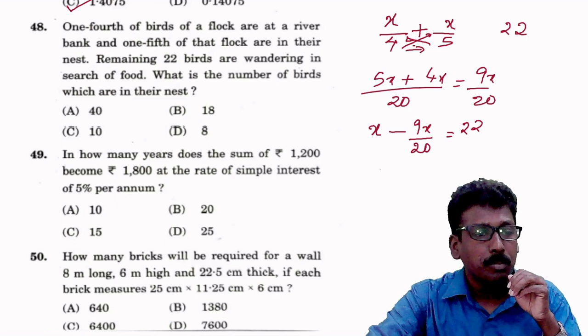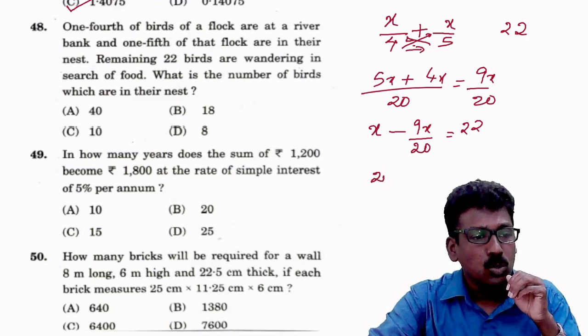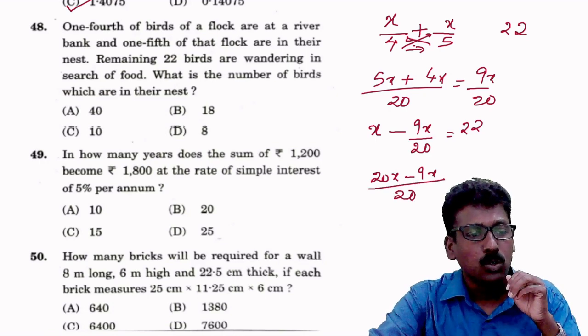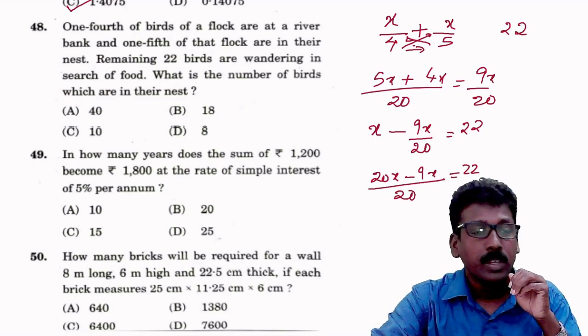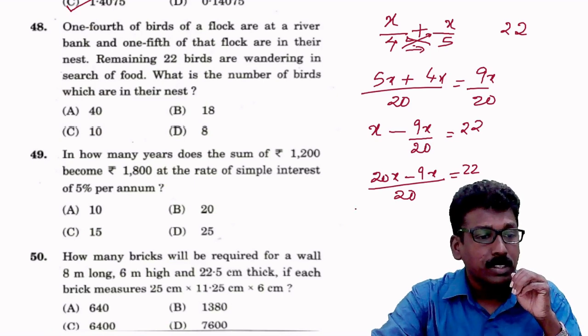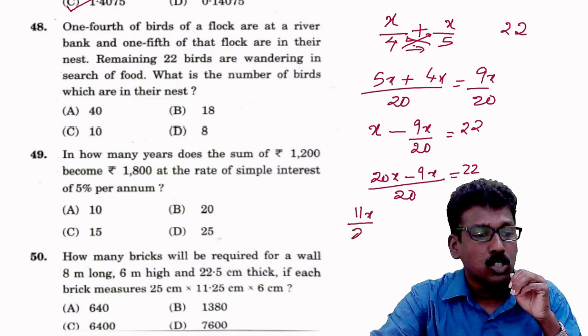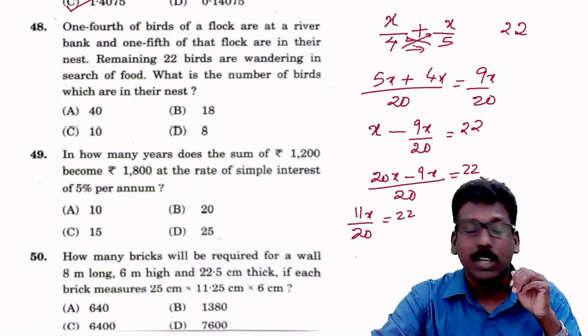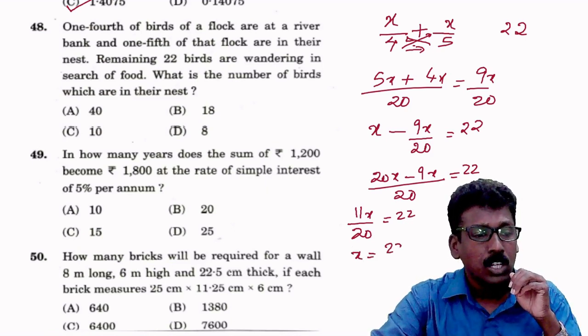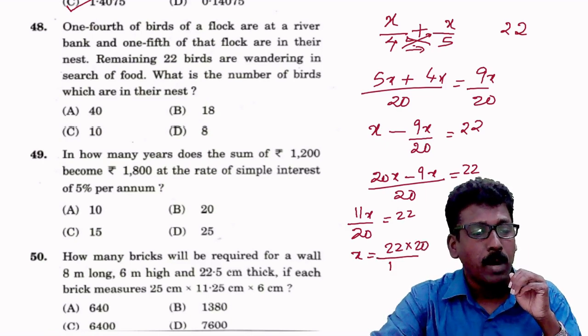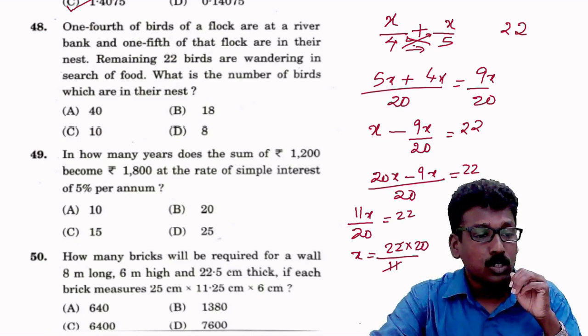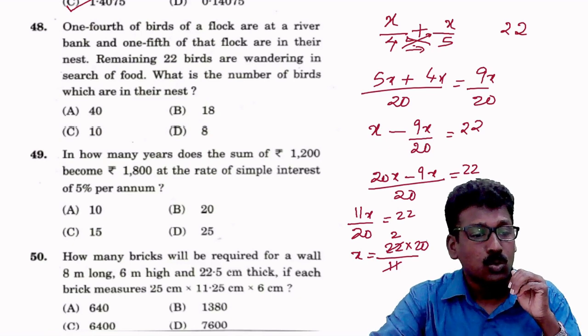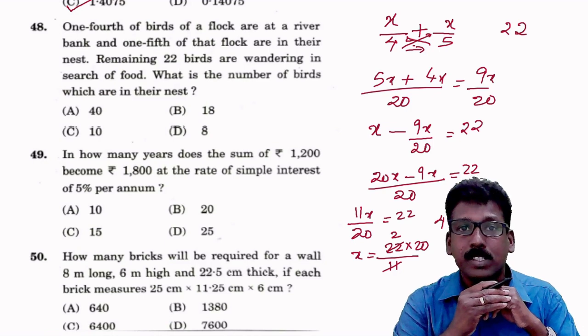Now again you can make a cross multiplication, that is 20 into x, 20x minus 9x divided by 20, you will get 22. And 20x minus 9x, that is 11x by 20, is equal to 22. You transfer 20 and 11 to the other side, you will get 22 into 20 by 11. 11, 22 two times, so 2 into 2, 4. There are 40 birds in total.